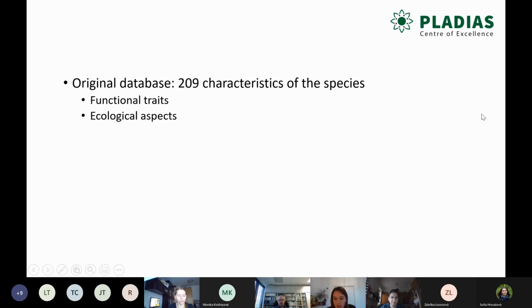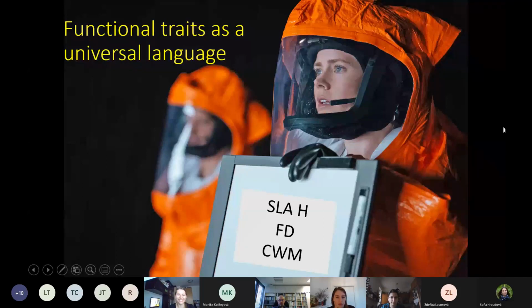And this is when I realized, okay, they have the species list and functional traits, and functional traits are a universal language to work with vegetation.